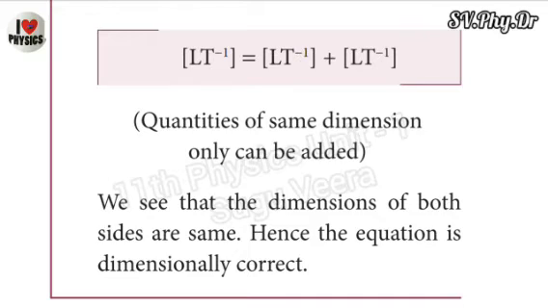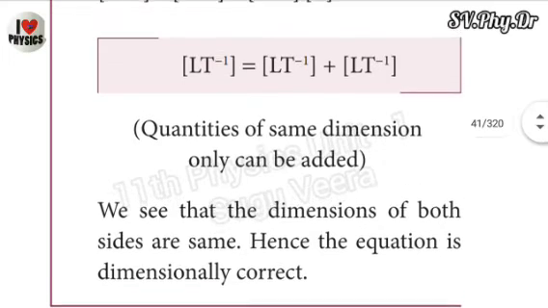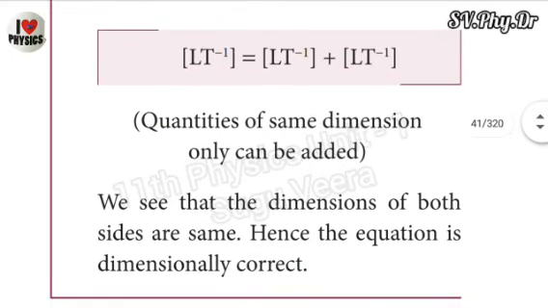So finally L t power minus 1 is equal to L t power minus 1 plus L t power minus 1. Quantities of the same dimension only can be added. We see that the dimensions of both sides are the same, hence the equation is dimensionally correct.